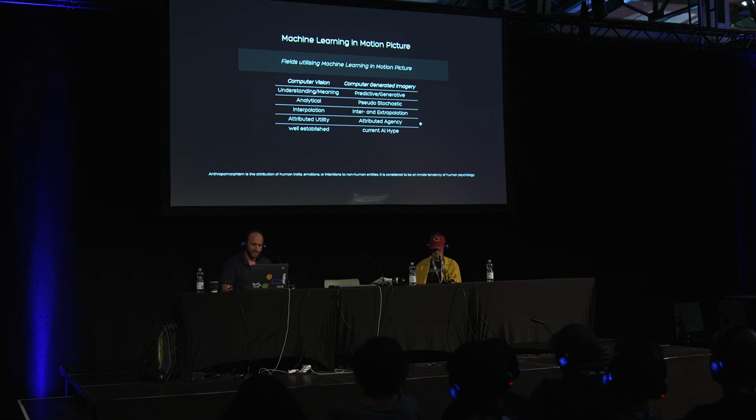Typically, we attribute agency to those things. And agentic AI is also the next wrong buzzword I think the industry is pushing towards. So computer vision algorithms on the one hand are well established, and computer-generated imagery on the other side, the generative models in general, are the current AI hype.